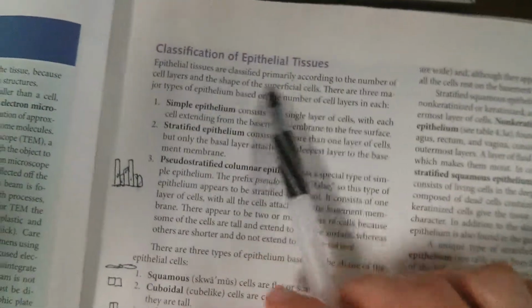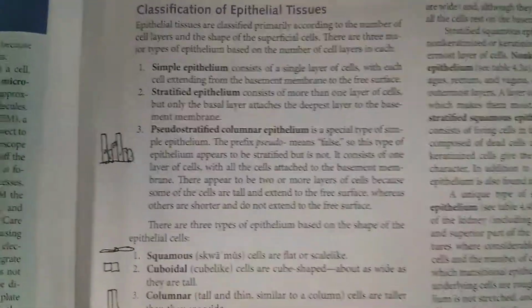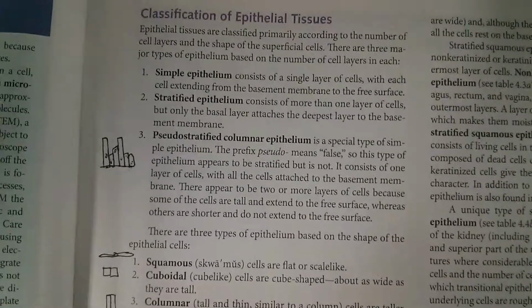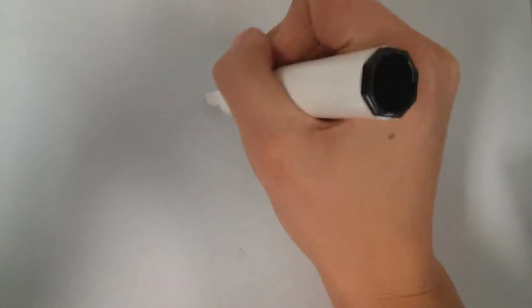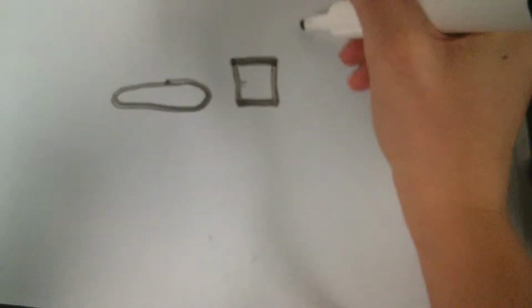Now, when we look at the classification of epithelial tissues, we can look at their shape to determine what we're going to call them. So I'm going to draw a picture. Epithelial cells are either going to be shaped like this, or like this.